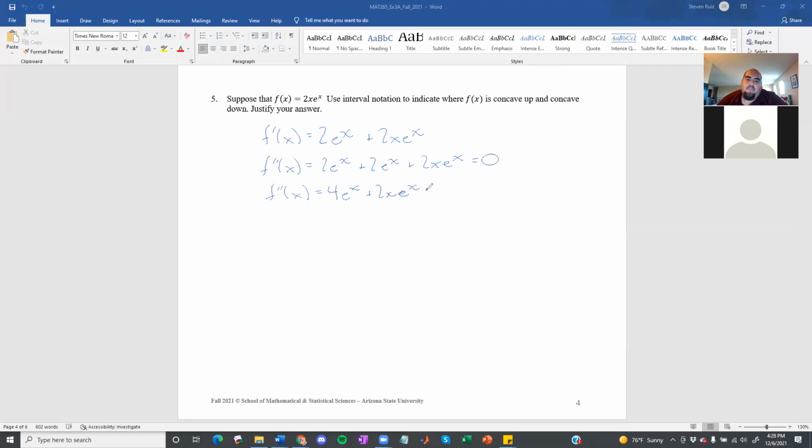And so then, yeah, this is the part that tricked me up. You set it equal to 0. But what else? How would you get a number on that side? So you can factor this.